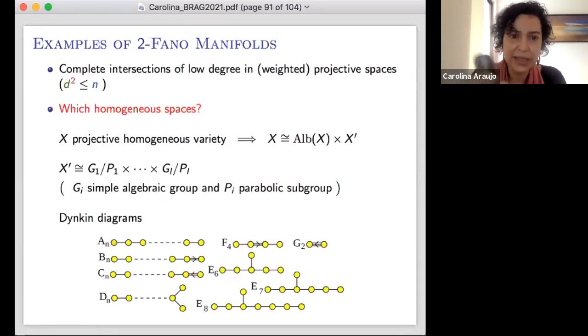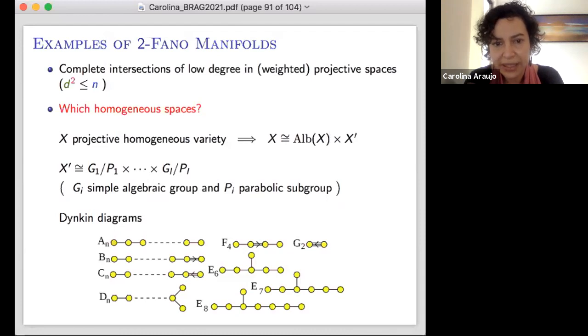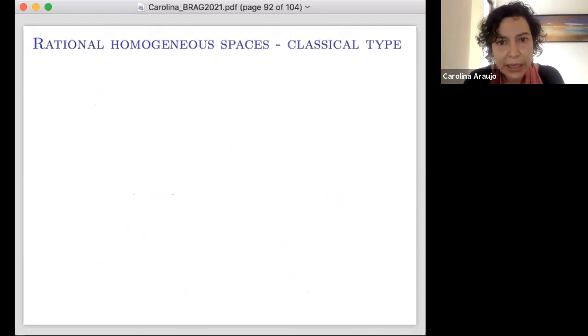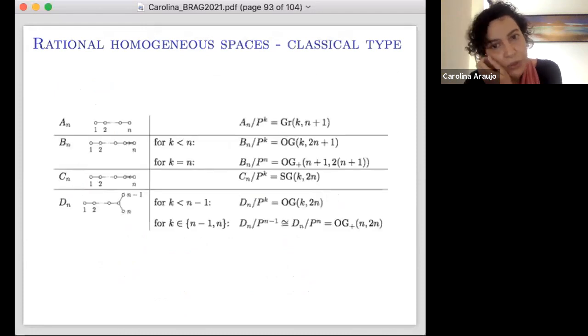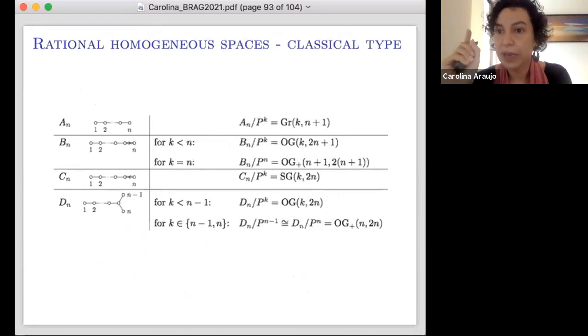So for instance, these are the Dynkin diagrams. There are the classical ones, which are A, B, C, and D, and we have one for each n, and there are also the exceptional ones, E, F, and G. Let me just explain very quickly the ones of classical type. These are the ones with Picard rank 1, so I'm looking at the maximal parabolic subgroup.